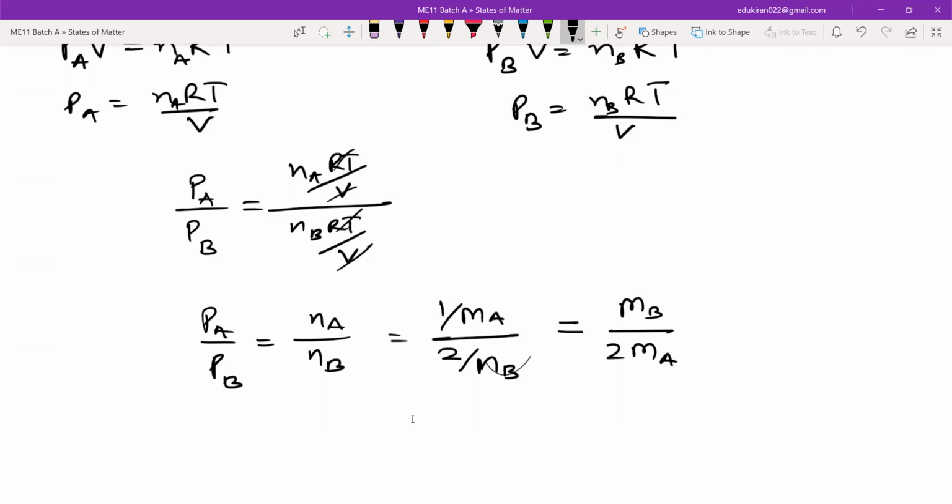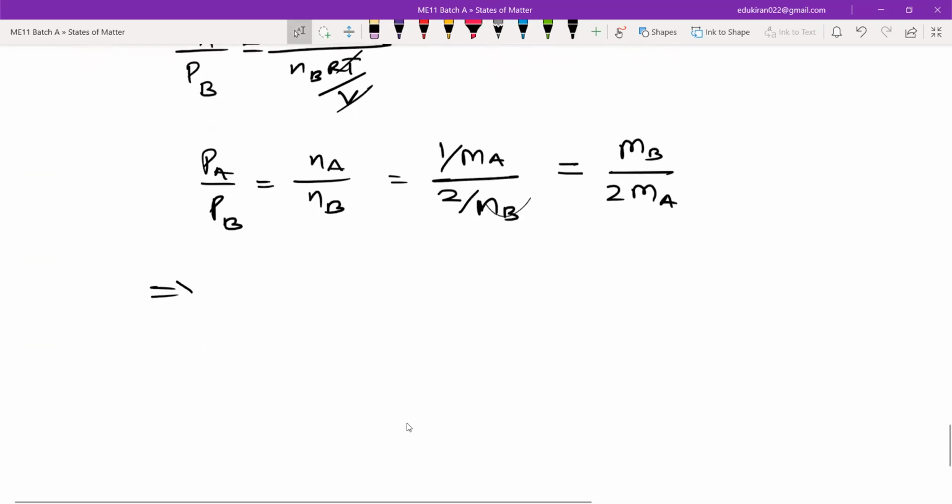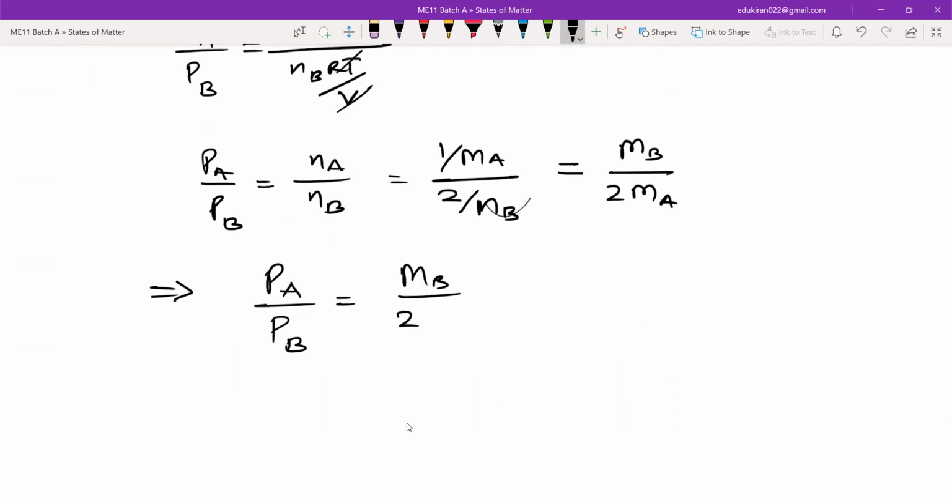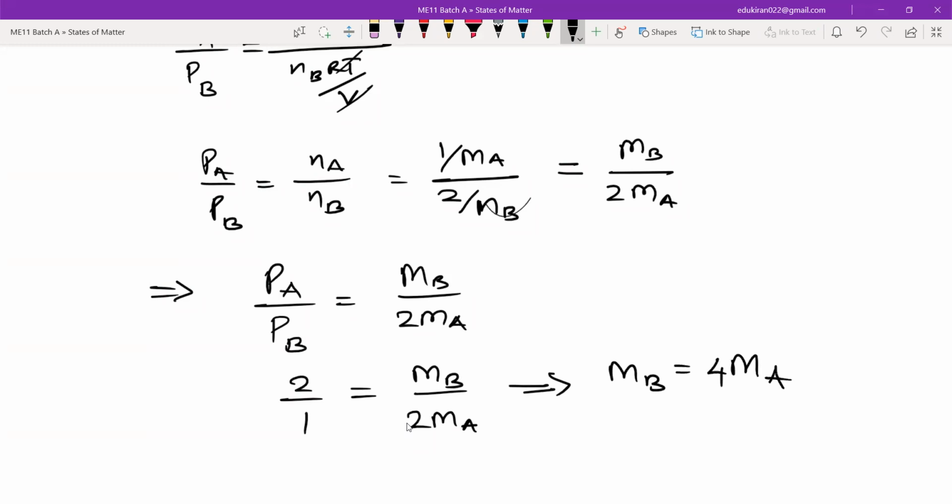Yes. Now, just the last part. PA upon PB is equal to MB upon 2 MA. How much is PA? 2, and PB is 1, so 2 upon 1 is equal to MB upon 2 MA. From here I can shift this 2 MA across and write MB is equal to 4 times MA. So this is the relationship between the two molar masses.